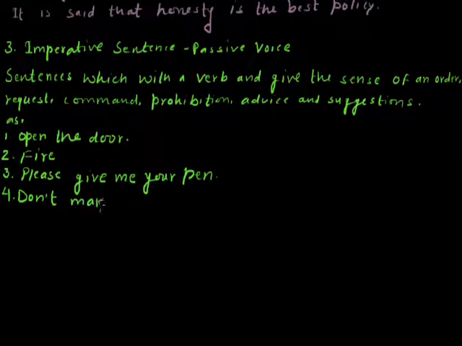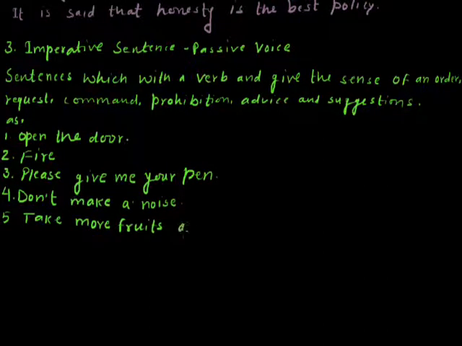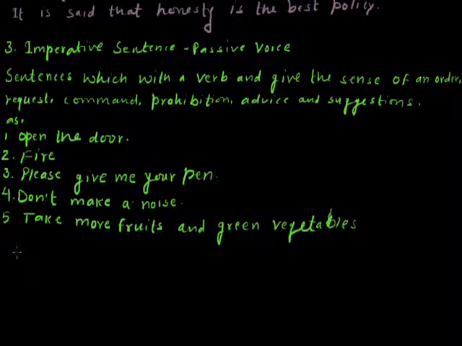It's a kind of prohibition. Take more fruits and green vegetables. It's a kind of advice. So all these sentences are examples of imperative sentences. And now, how to change these sentences into the passive voice? So now we come to changing these sentences into the passive voice.